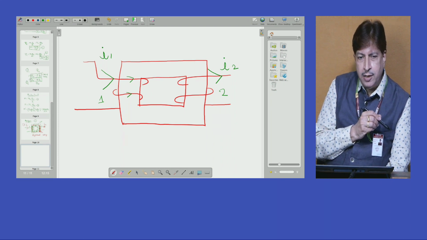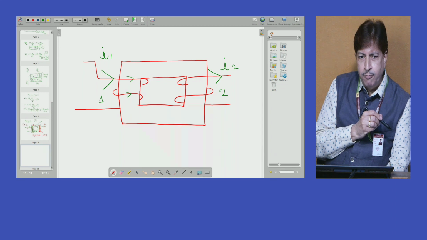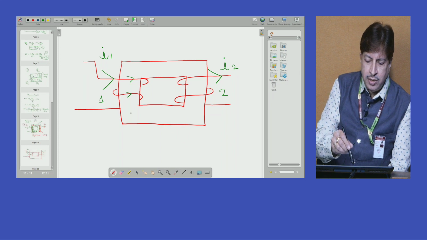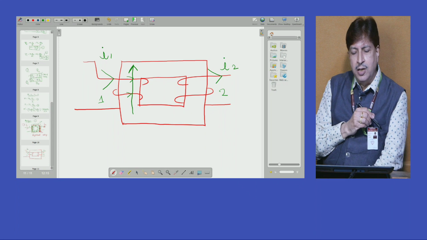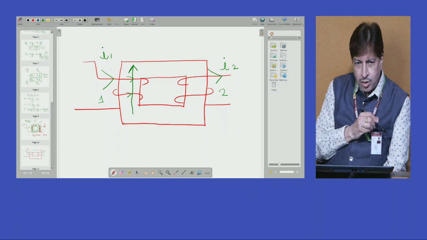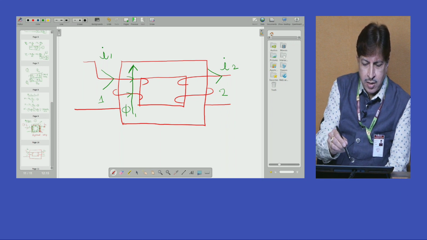Once we take the coil number 1 core part in our right hand, fingers enclosing the direction of current, the projected thumb is giving the direction of flux in coil number 1, and this is moving like this.